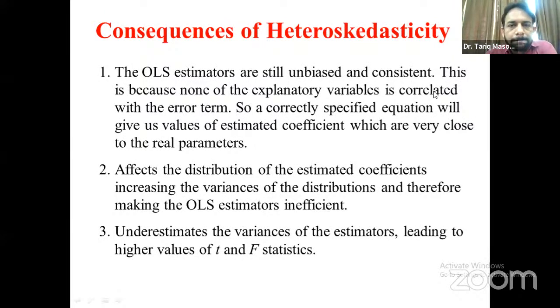Now, if there is heteroscedasticity, the OLS estimators are still unbiased and consistent. You know all these properties. We already discussed that OLS estimates satisfy a number of desirable properties. So even if there is heteroscedasticity, OLS estimates are still unbiased and consistent.